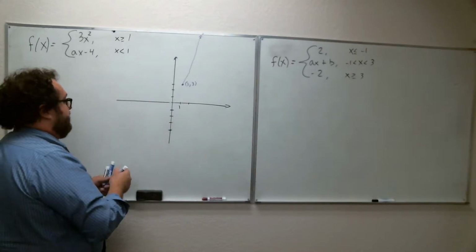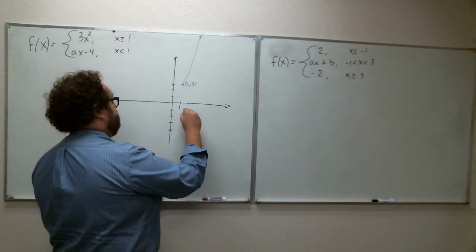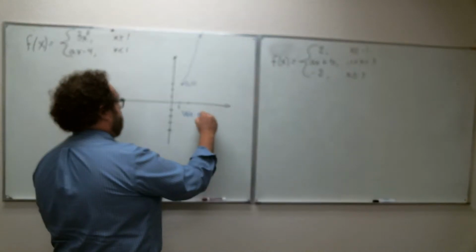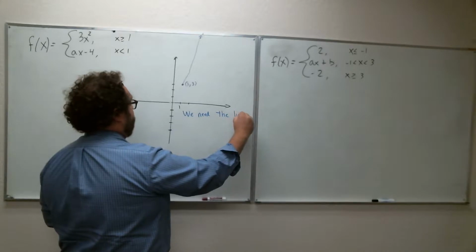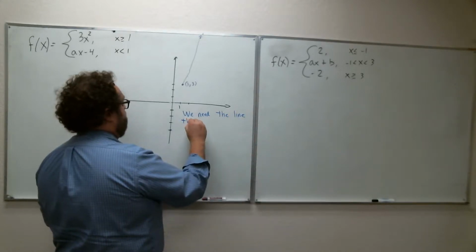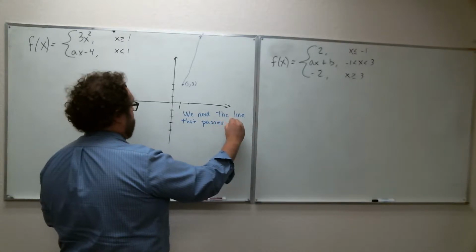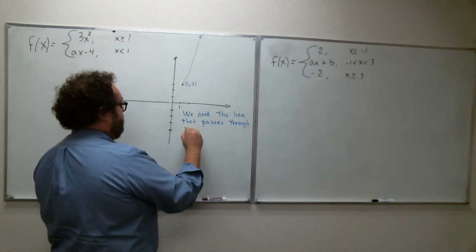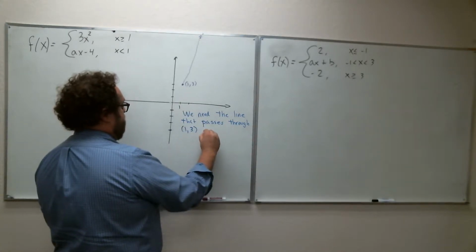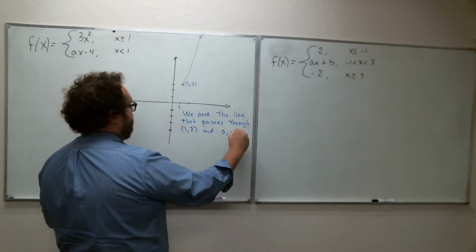We know that we need the line that passes through, well, 1, 3 and 0, -4.